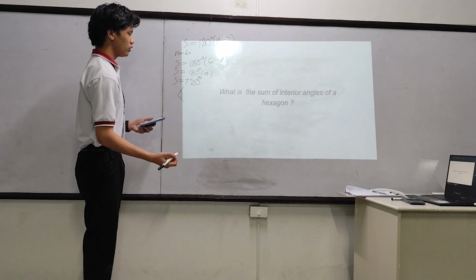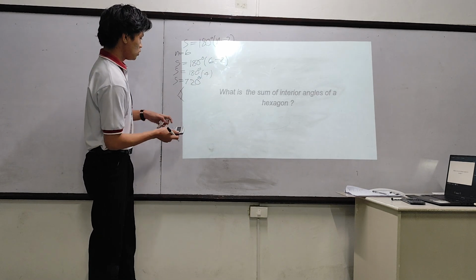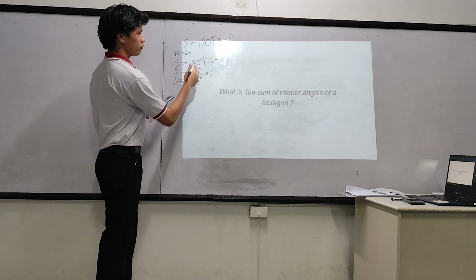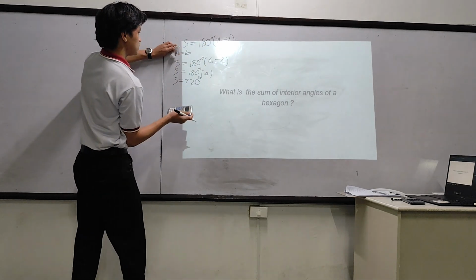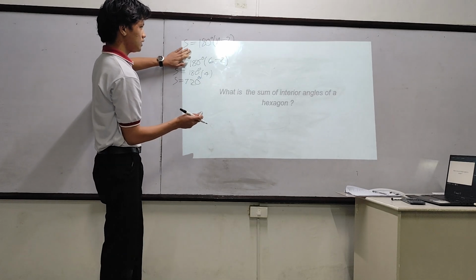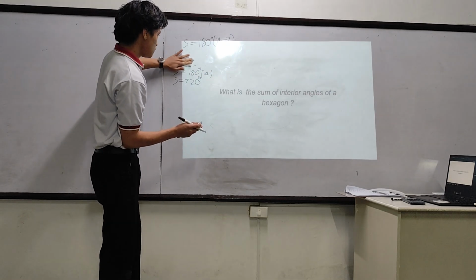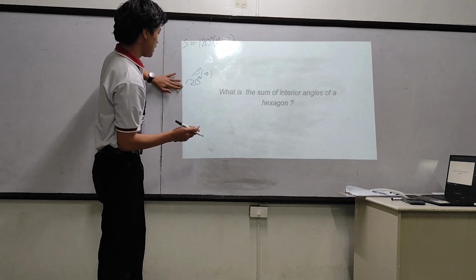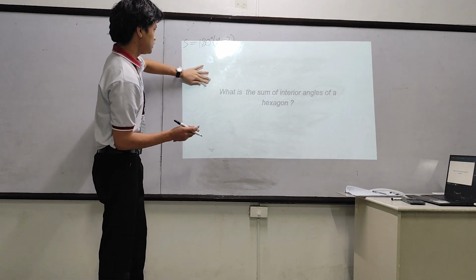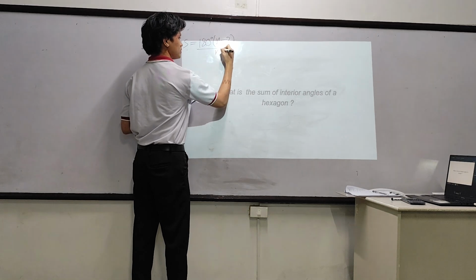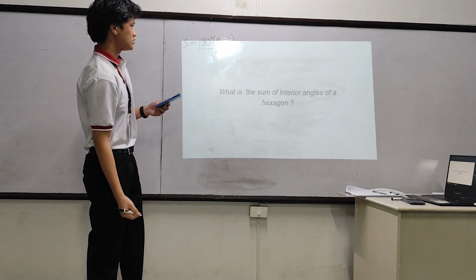Well, we also have a formula for that. If you remember, our formula is S is equal to 180 degrees times (n minus 2). All we have to do is divide it by n.